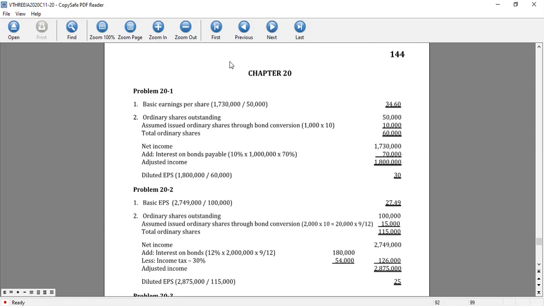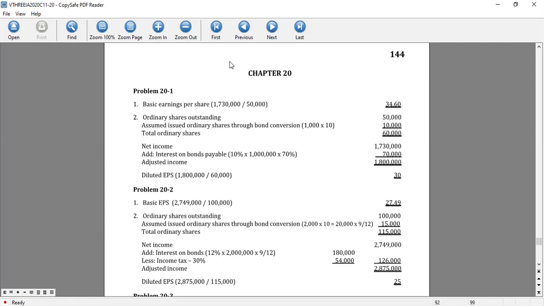Loan Company reported the following at year-end: bonds payable, ordinary share capital, and net income. The bonds are convertible into ordinary shares in the ratio of 10 ordinary shares for each 1,000 bond. The income tax rate is 30%.